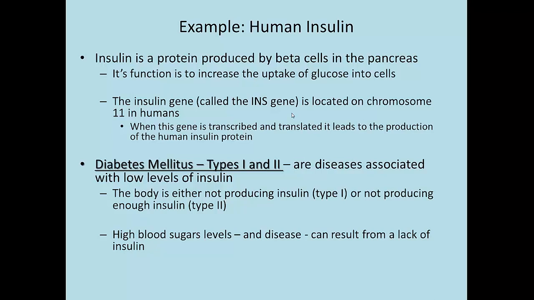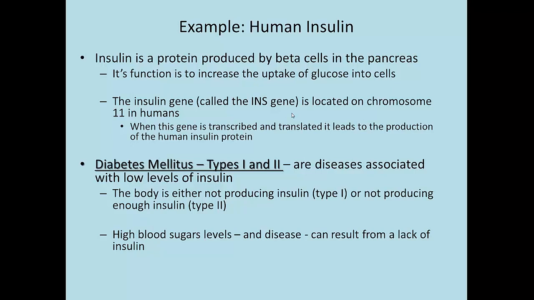So diseases such as diabetes, type 1 and type 2, are a consequence of basically not having enough insulin. Depending on the type, you're either not producing it or you're not producing enough insulin. So type 1 is actually a type of autoimmune disease where the body attacks its own pancreatic cells. And this usually happens at a young age.